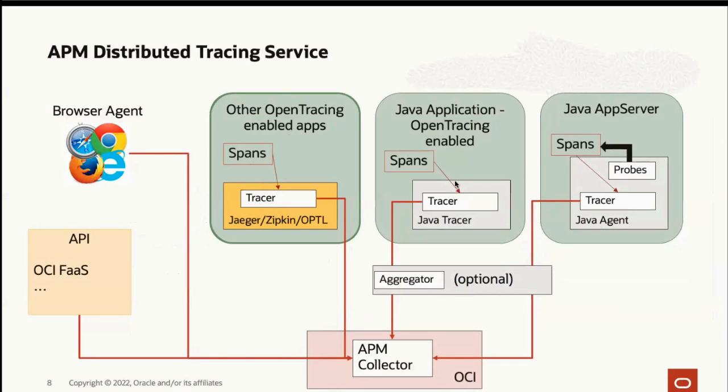If you're running on a Java application, we also have our own tracer dedicated for Java, which means rather than using one of these open ones, use our tracer, you'll get some additional information. I talked earlier about the fact that we are collecting what data you're getting from each one of the components. If you're running our tracer out of the box, we collect a lot more data that we think is relevant.